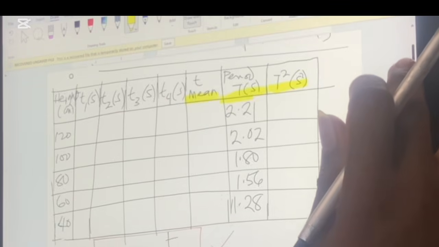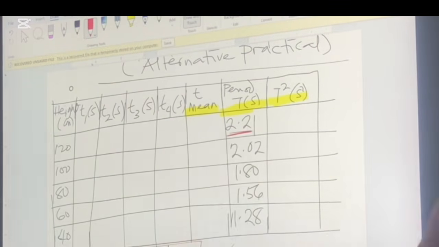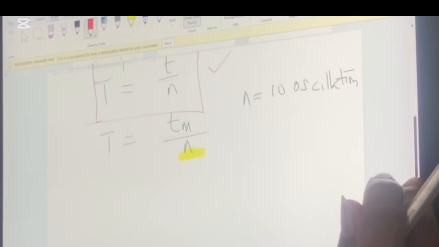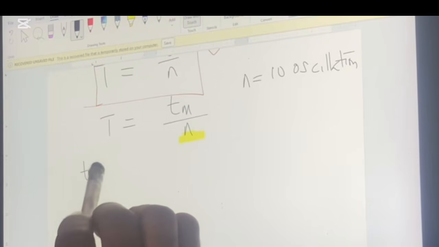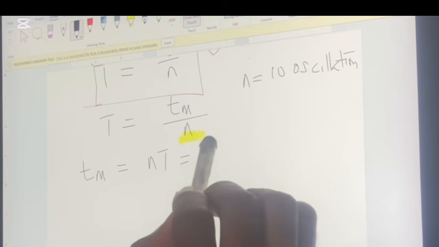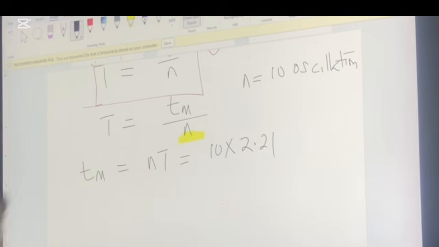The period for this part here is given to us as 2.21. So we can easily make tm the subject. So our tm is equal to n times T, which is the same as 10 times 2.21. The 2.21 here is the value of period at 120.